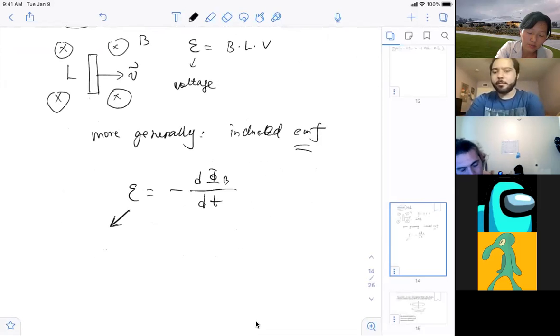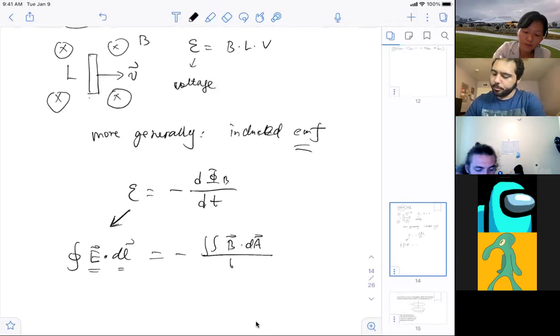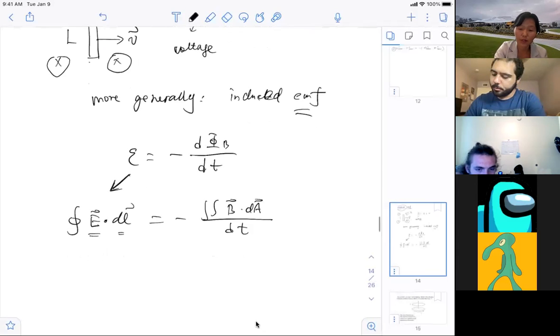Why is that? Because this is voltage, and voltage is E dot dl, right? Voltage is the E field integrated over a loop, over some path. And I can rewrite my flux using B dot dA. So this is Faraday's law that you're familiar with, right?